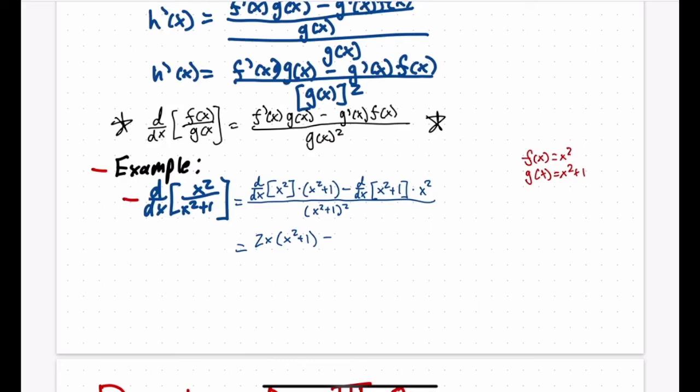So we can split those into two derivatives, and then it becomes: derivative of x squared, we already said, is 2x. And the derivative of 1 is 0. So it would be just 2x plus 0 times x squared, all over x squared plus 1 squared.